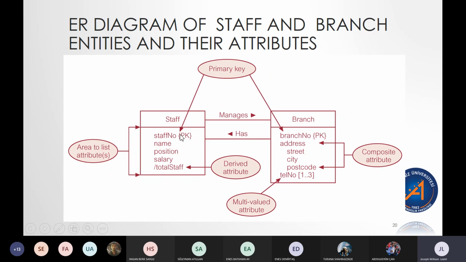We note the primary key for each, and then these are the other attributes that exist. Here's how we would identify a derived attribute, where we say total staff. So the total staff that they are managing, if this is a manager.